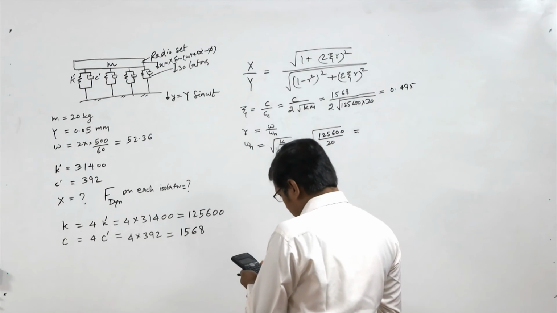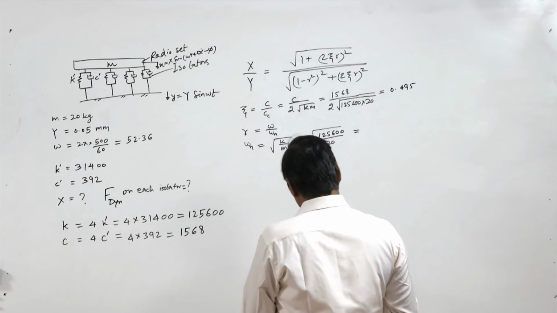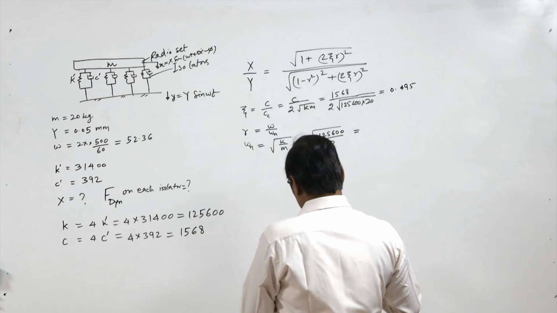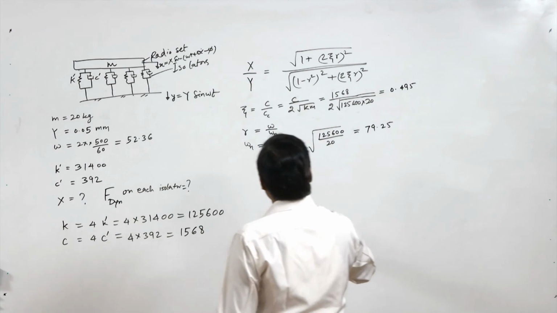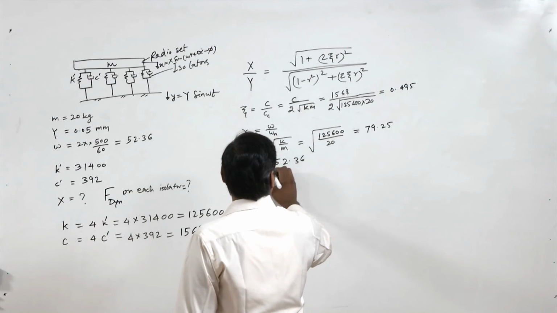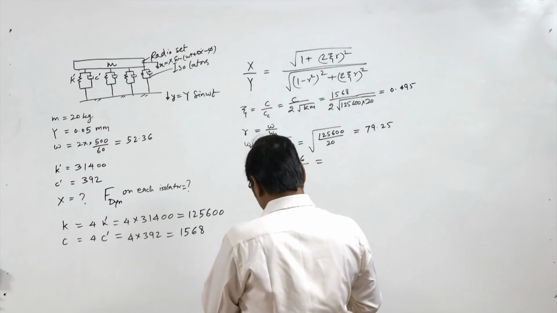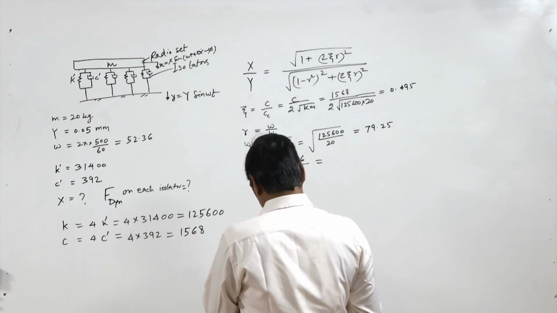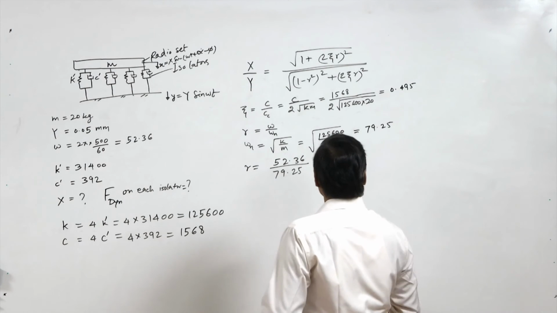So we find it is 79.25 radian per second. So r equal to omega we have calculated, 52.36 by 79.25. So it is 0.66.